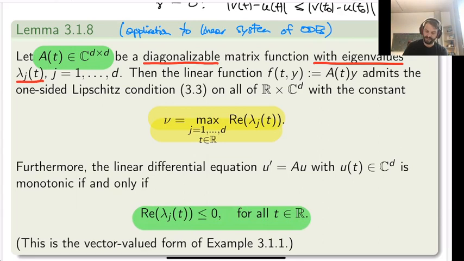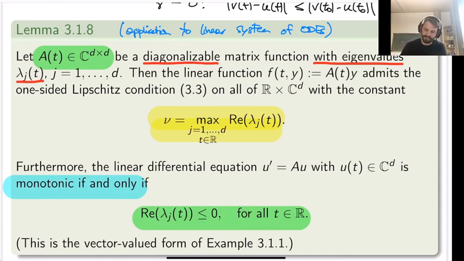If and only if that's the case, then the linear ODE is monotonic. And this is essentially the vector valued form of example 3.1.1.